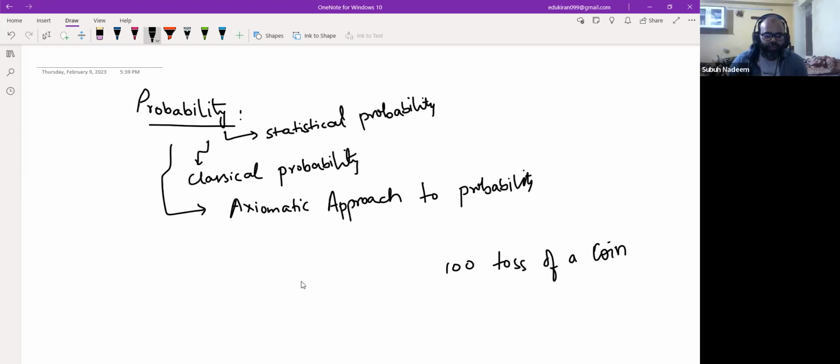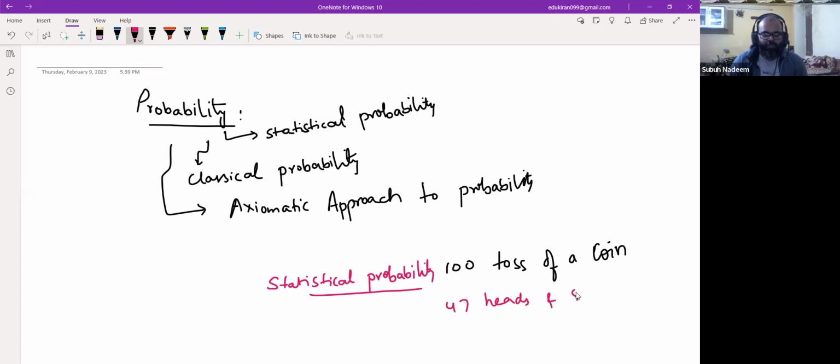So actually that is what statistical probability is. Statistical probability is dependent upon statistics, that is, how many times you have done the experiment. Depending upon their outcomes, it tells about the probability. For example, you have tossed 100 times and you got 47 heads and 53 tails.